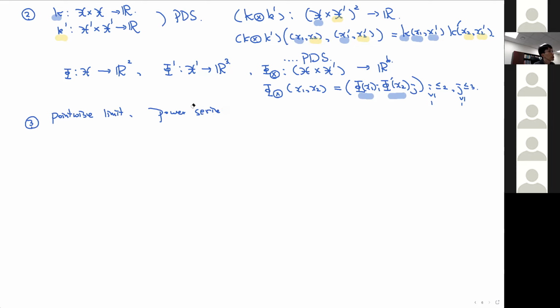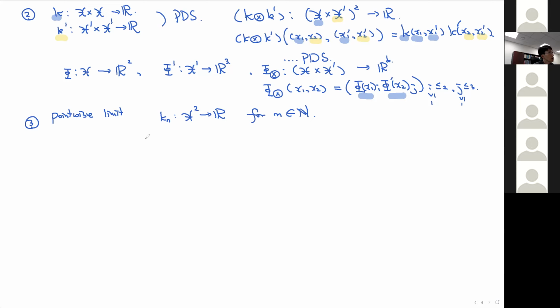Let's talk about them separately, starting with pointwise limit. To talk about pointwise limit, what we assume is that we have a sequence of kernels, Kn, on X squared to R, for n.